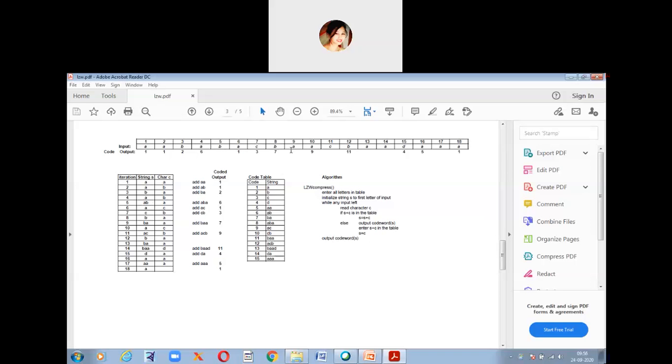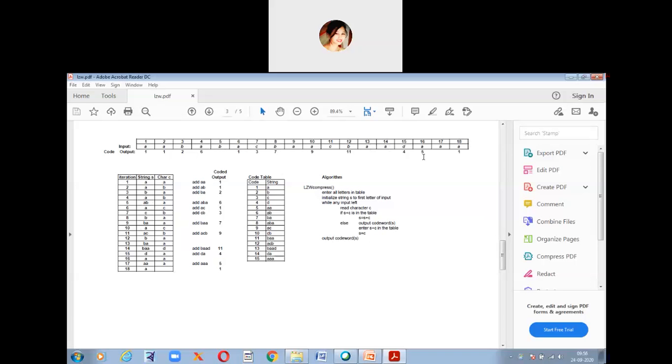This is a string. So we have to consider whichever string is having an output value. So AB. Again A is having a value, place it here. C is having a value, place it here. B is having a value, place it here. But A is not having a value, but we can consider BA, right? BA is not repeated, so you can consider BA as the string. Then consider A again.